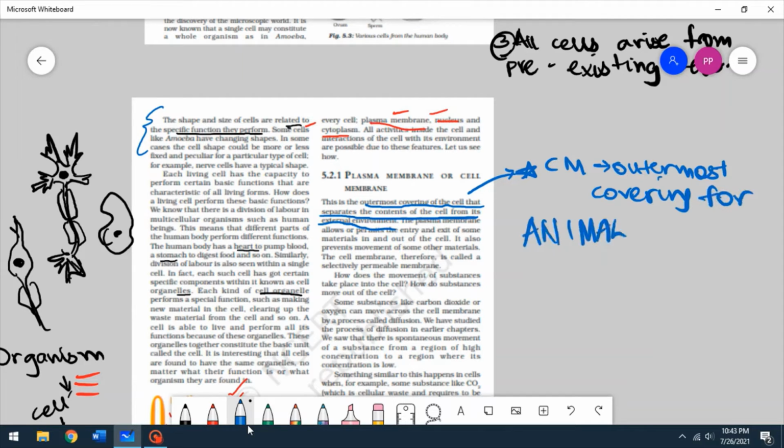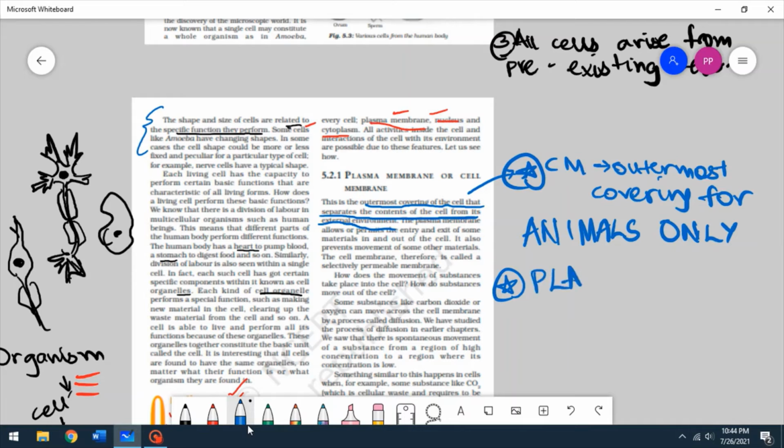And by animals, I mean humans as well. Animals is anything that's not plants. I can't give you every exception, but animals basically covers humans as well, not just a cat or a dog. So, animals including humans, the cell membrane is the outermost covering.